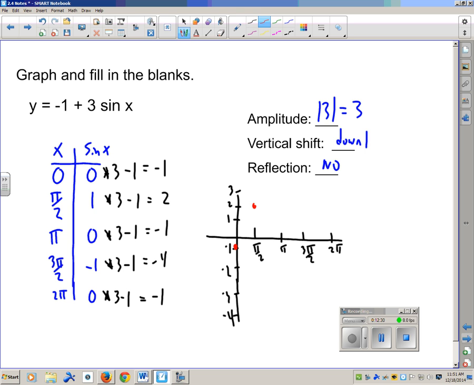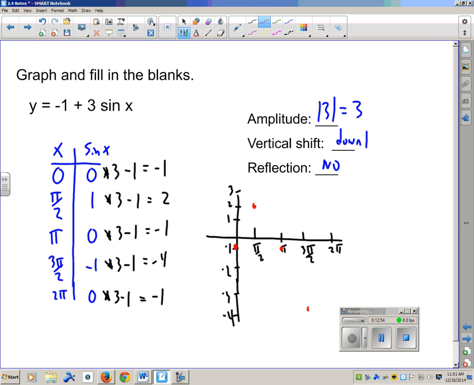And then at pi there, normally we're supposed to be there at 0. Multiply that by 3, it stays there, and then move it down 1. And then at 3 pi over 2, normally you're supposed to be there at -1. Multiply that by 3 there, so we're at -3. That's way down here. And then we're supposed to still bring it down 1, so we're really down here at -4.